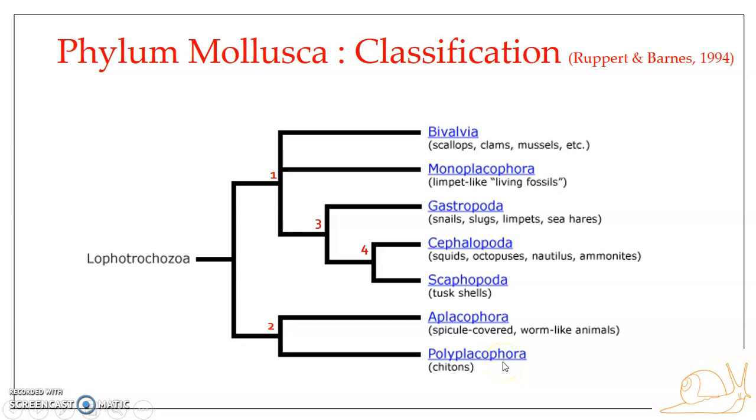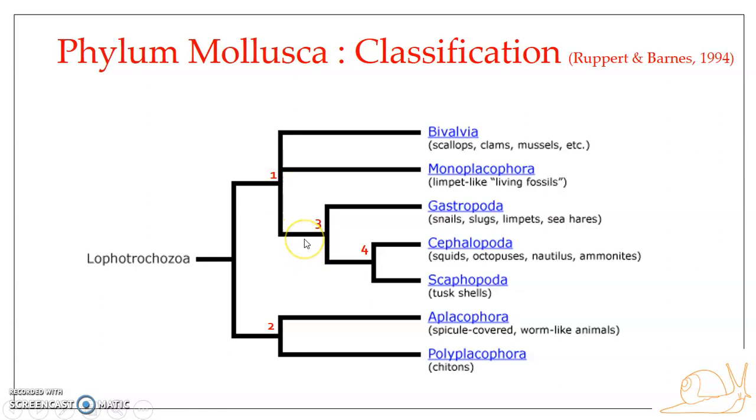So there are 4 groups: Bivalvia, otherwise known as Pelecypoda, which for the time being we will term Bivalvia itself, Monoplacophora, Aplacophora and Polyplacophora. They arose from an ancestor which lived more than 500 million years ago.